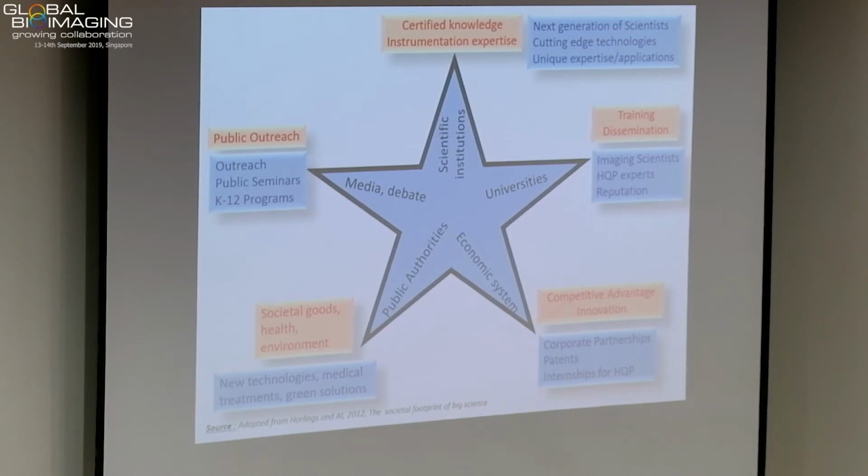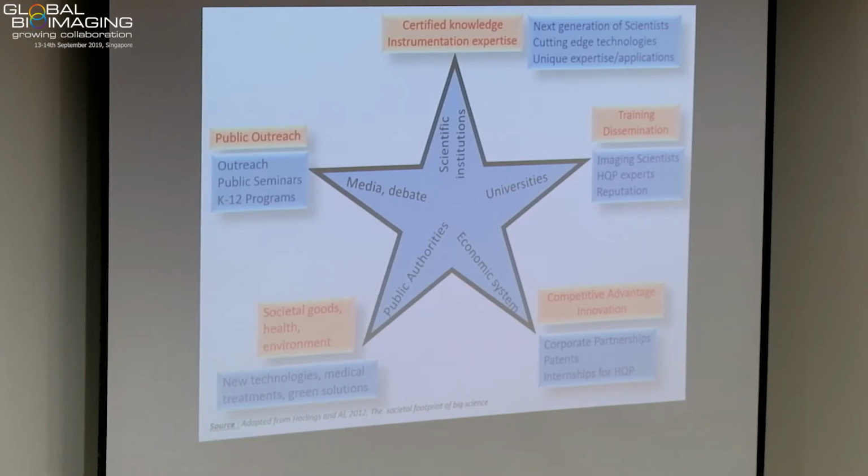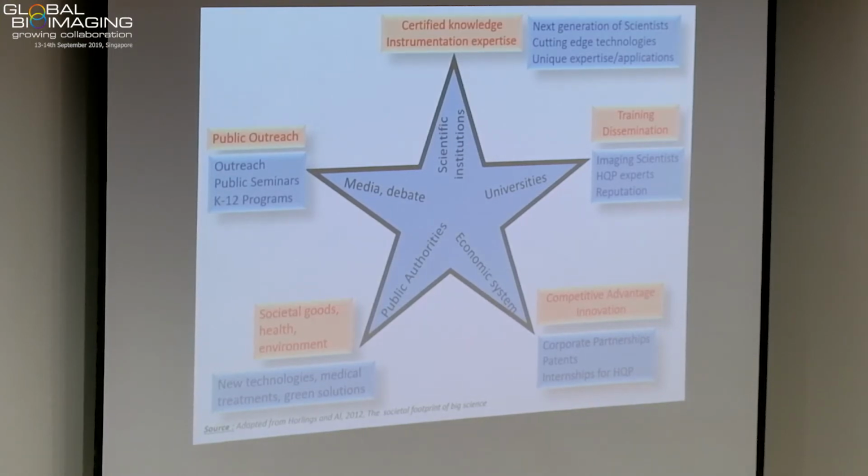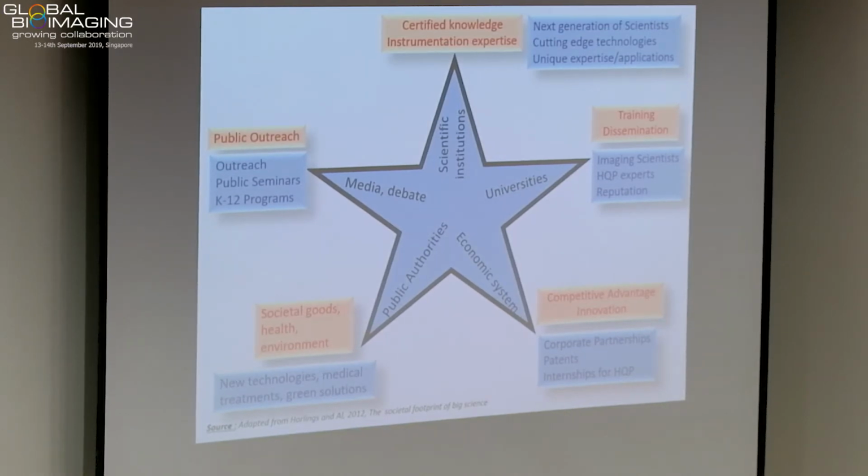So for instance, for training and dissemination, we have imaging scientists, we have the HQP that are being trained in the facilities, the reputation of the facility. Competitive advantage and innovation can be through corporate partnerships, patents, internships for HQP in corporate partners. Societal good, health and the environment, so new technologies, medical treatments, green solutions could be examples there.